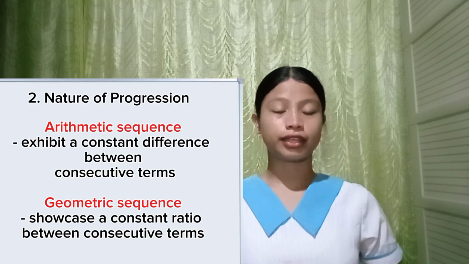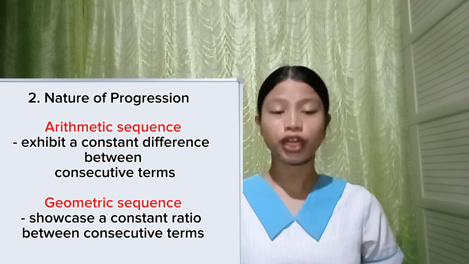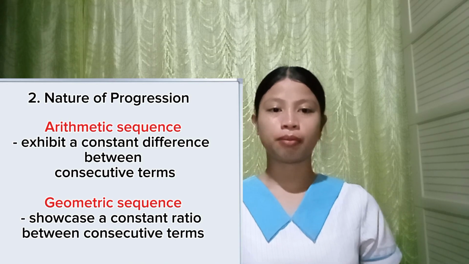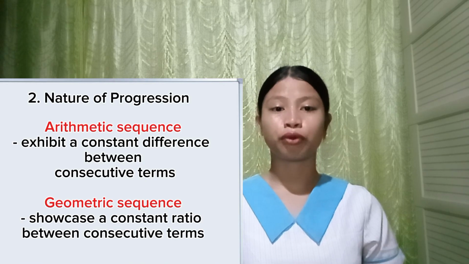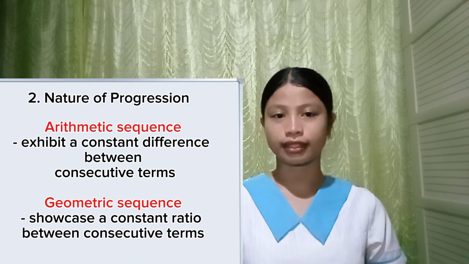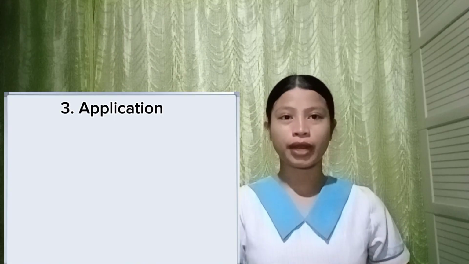And geometric sequence naman, showcases a constant ratio between consecutive terms. This implies the ratio of any term to its preceding term is consistent across the entire sequence.